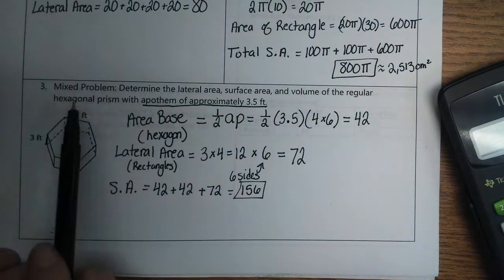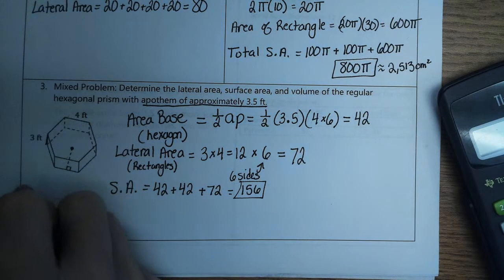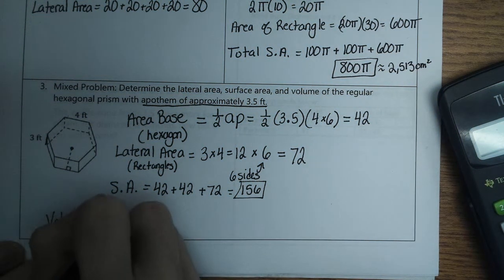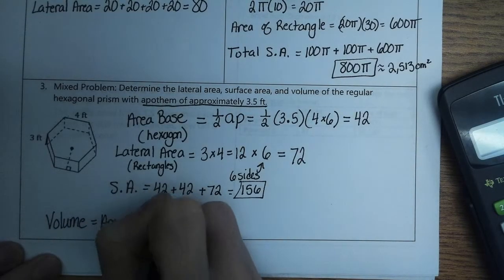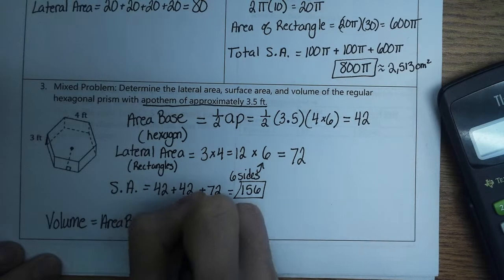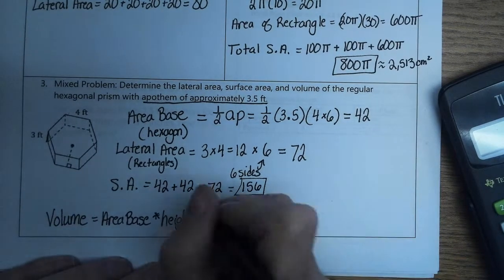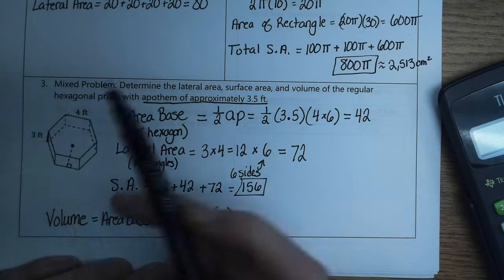It also asks for the volume, so we're going to find that in a second. You remember the volume is the area of the base times height. We already found the area of the base, thankfully. It's 42. And the height is 3.